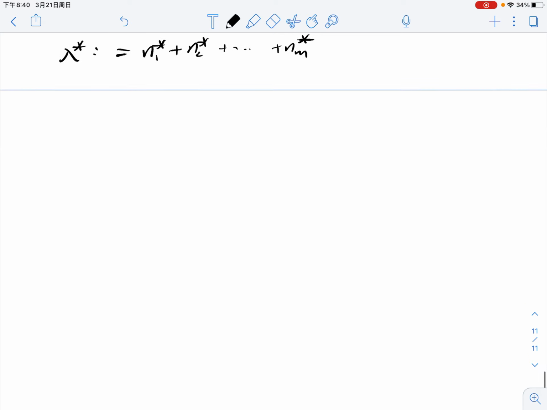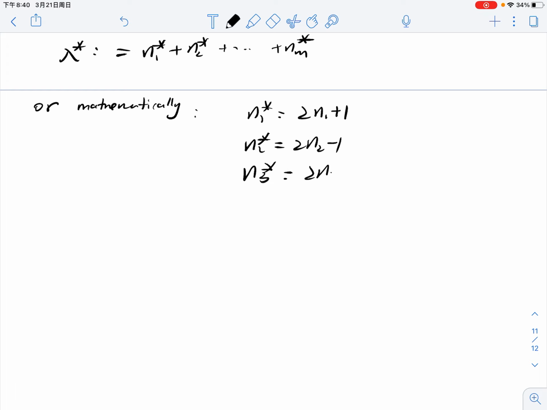Mathematically, you define lambda star as n1 star plus n2 star plus all the way to nm star, or more rigorously, let's define n1 star to be 2n1 minus 1, n2 star to be 2n2 minus 3, n3 star to be 2n3 minus 5.